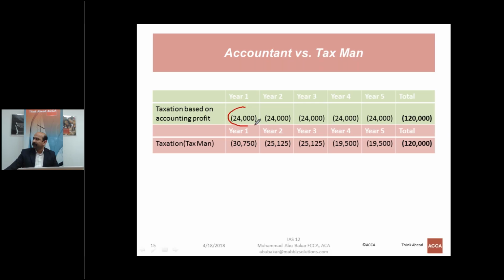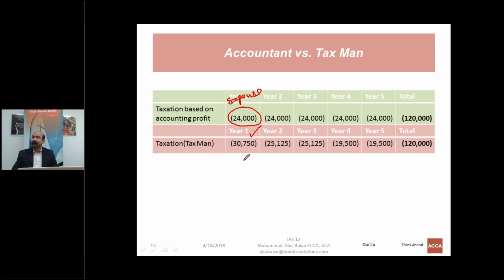This is your expense, but tax people are asking for 30,750 for whatever reason, and we know the reason. Because from the tax point of view, your profit is higher because their tax depreciation is a lower figure. But from the accountant point of view, the depreciation amount is a higher figure, resulting in lower accounting profit.